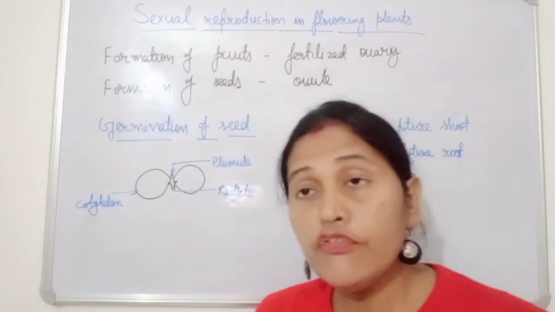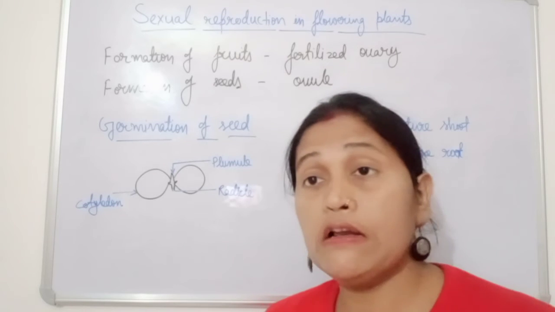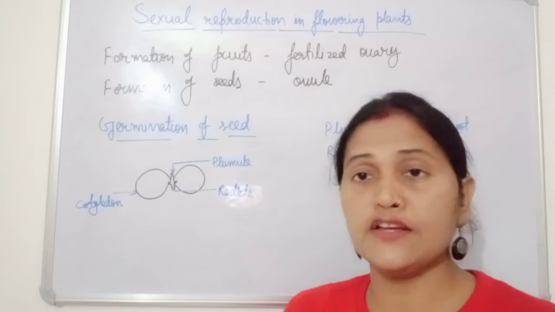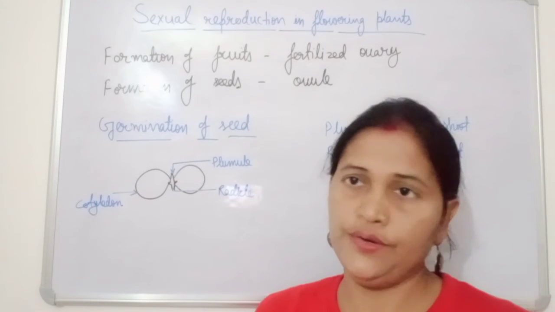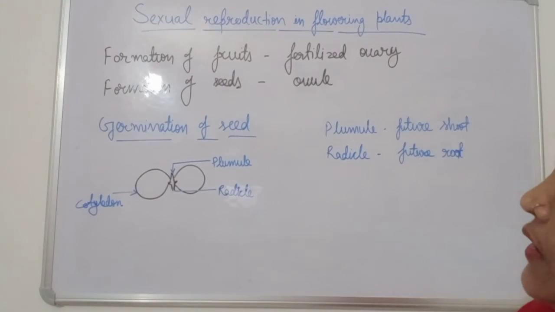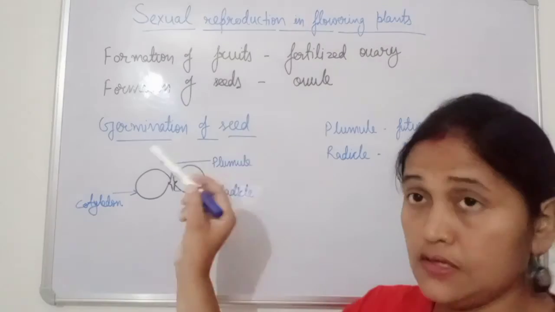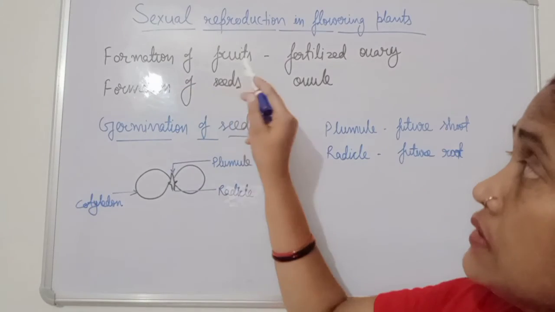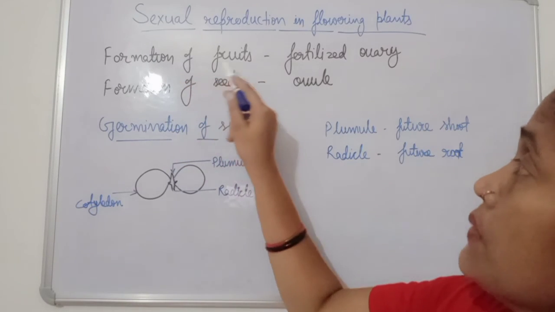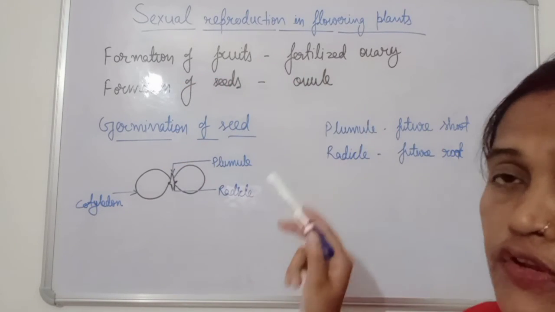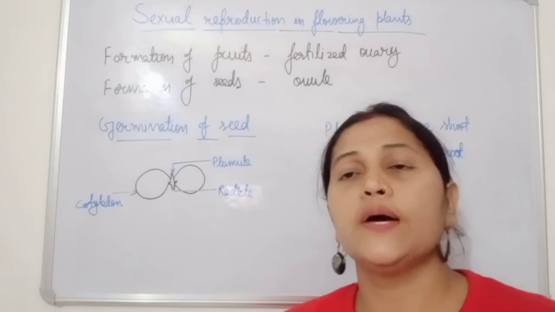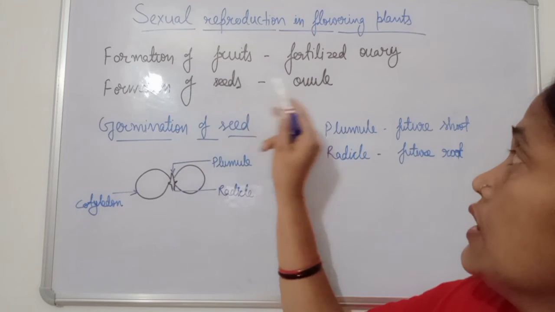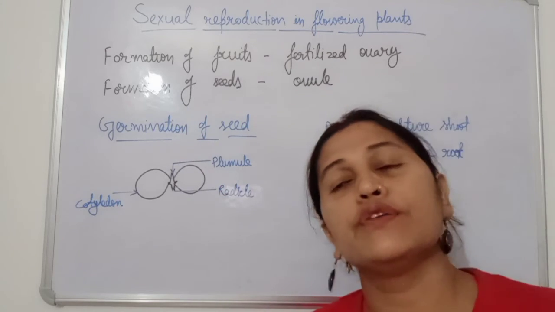The ovule ultimately forms a tough, hard covering and gradually becomes a seed-like structure. The fertilized ovary will finally develop into the fruit, and the ovule will convert into the seeds.